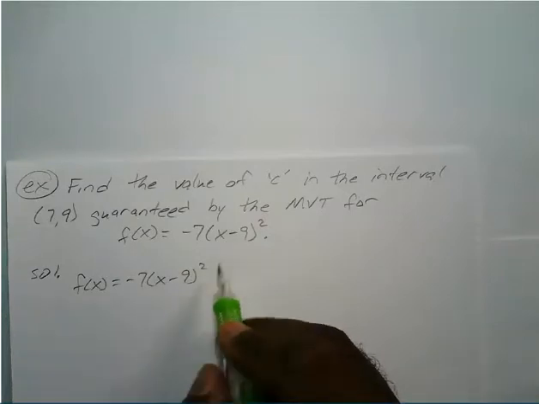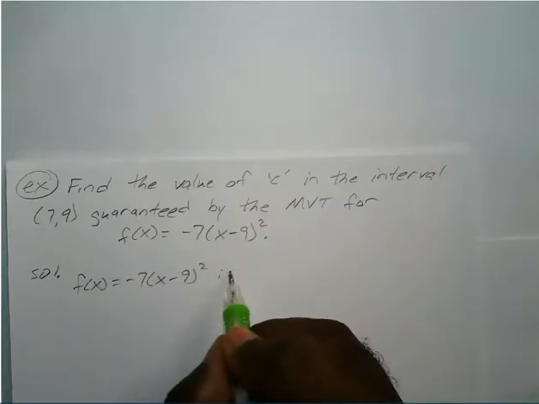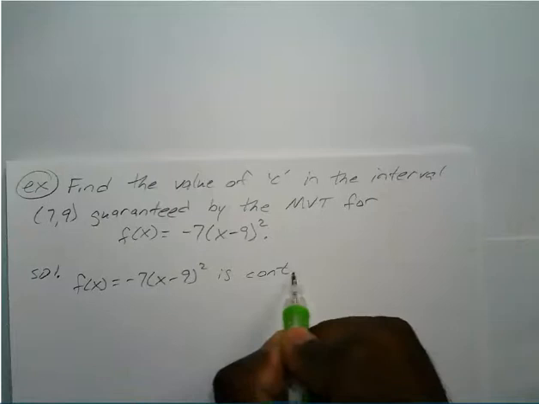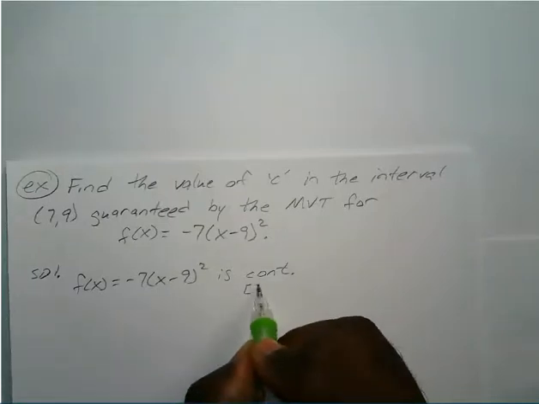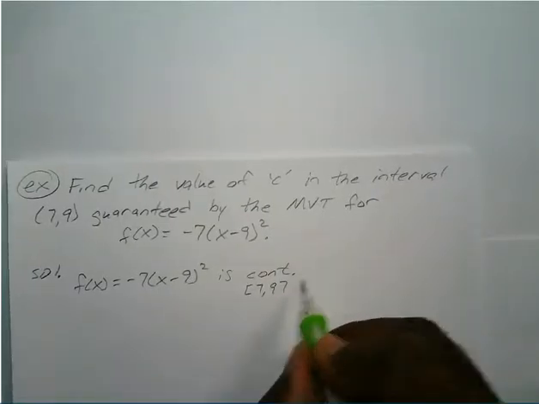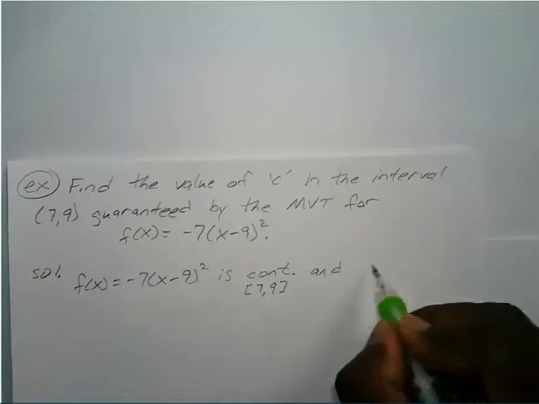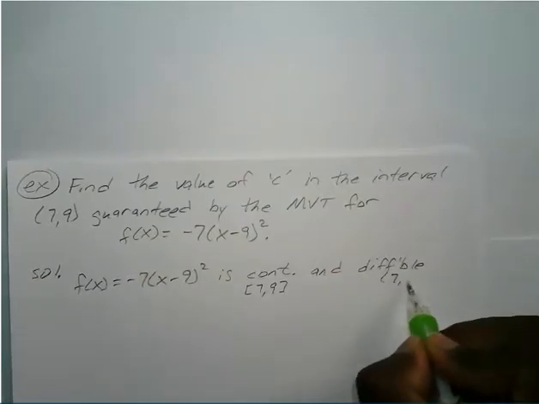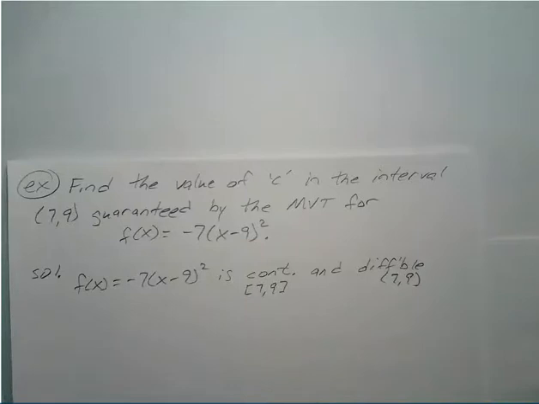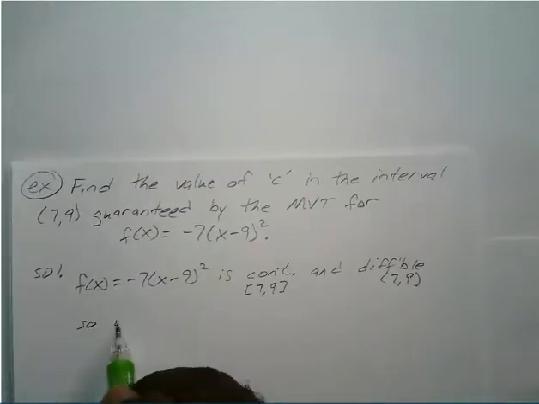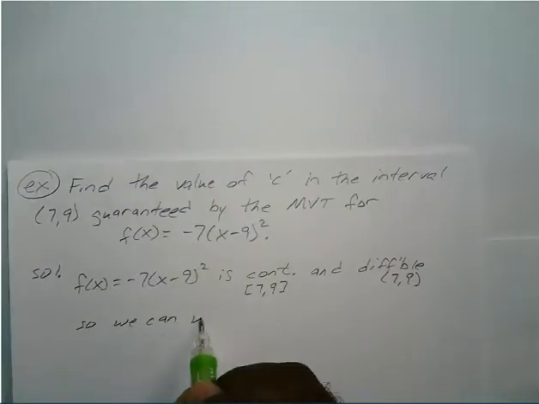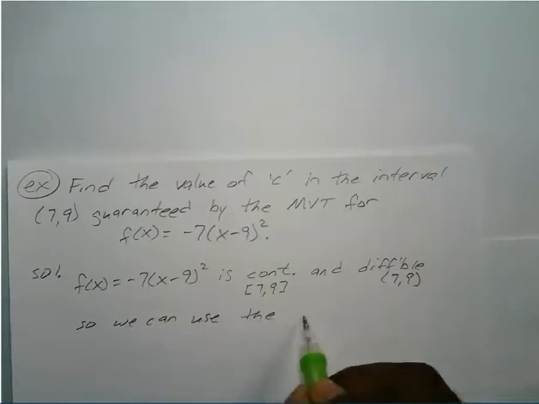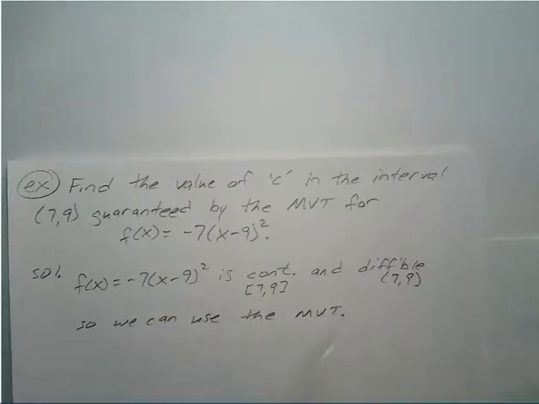So we know it's continuous from 7 to 9 and differentiable from 7 to 9. So we can use the mean value theorem.